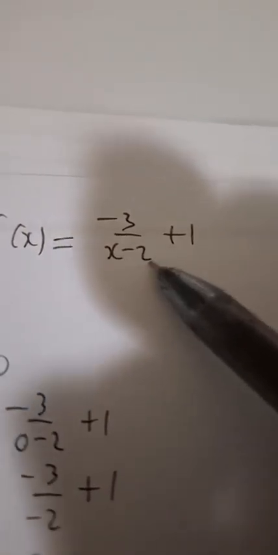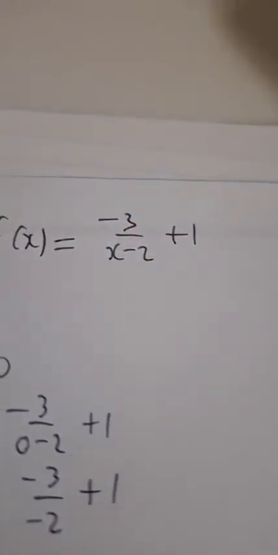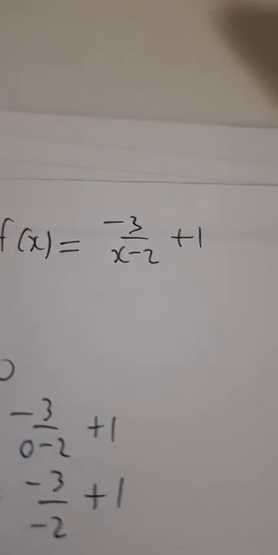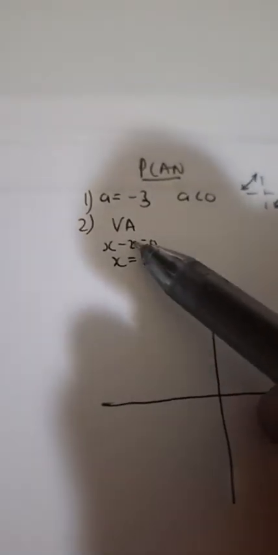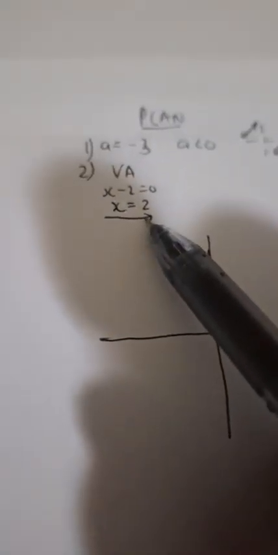We equate it to 0, and when we solve, we transpose the -2. So the equation of the vertical asymptote is x is equal to 2.